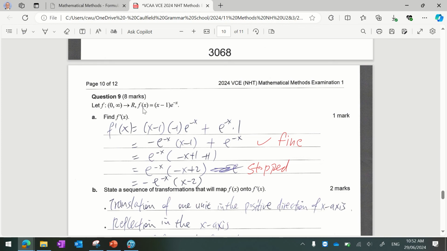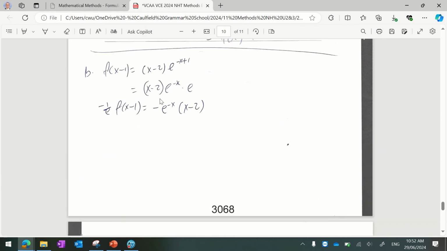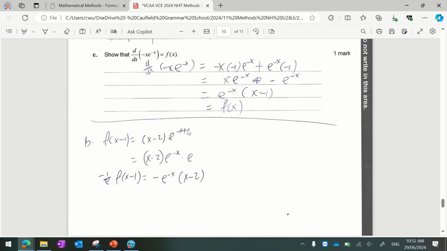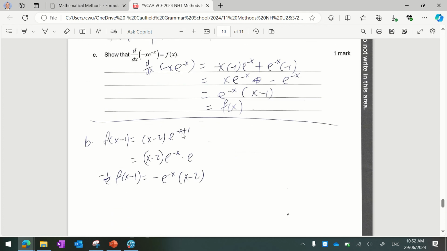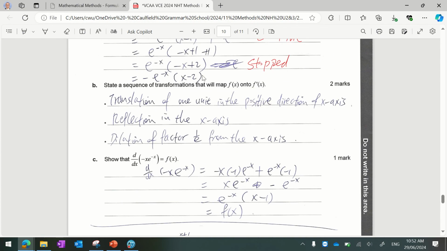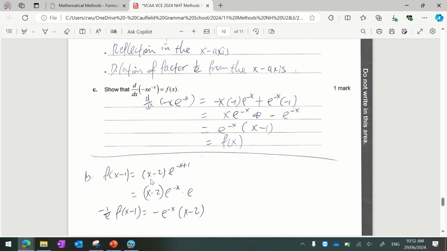But the power of e is also changing, because it's negative x there. So if I sub x minus 1 in, it's going to be negative x plus 1. But basically, x minus 2, I have achieved that already.